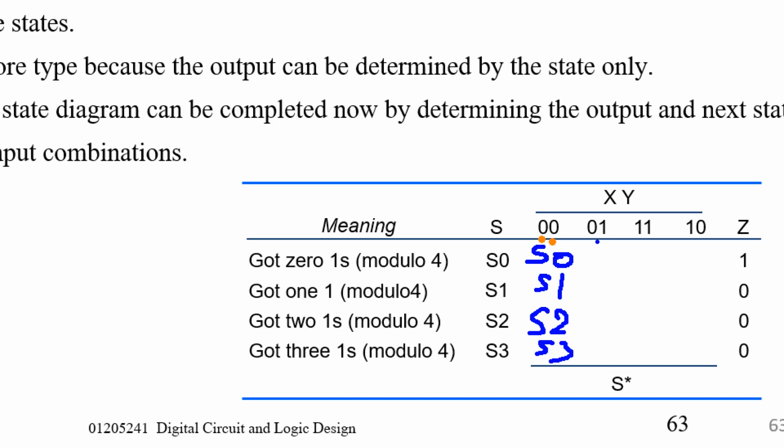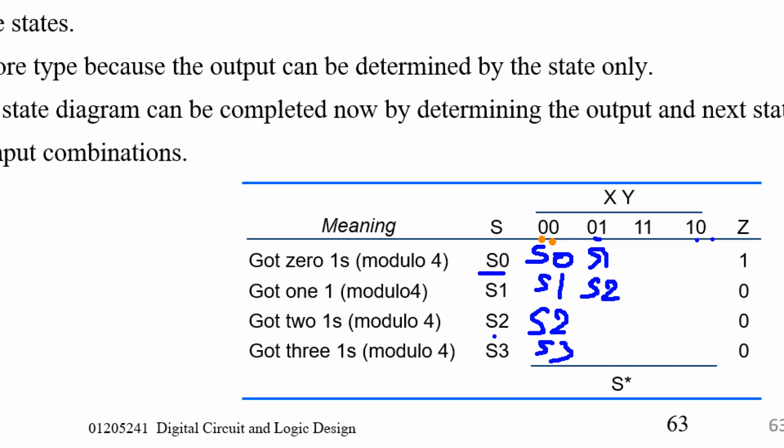But if the input is 0,1 or 1,0, the total number of logic 1s will be increased by 1. That means if the current state is S0, you go to S1 for the next state. If the current state is S1, the next state should be S2.